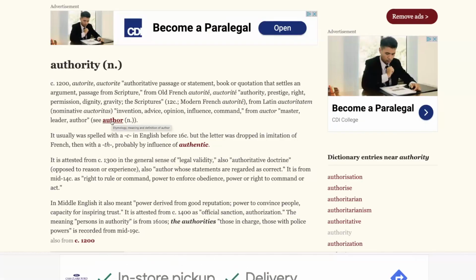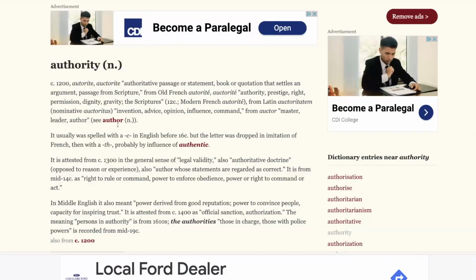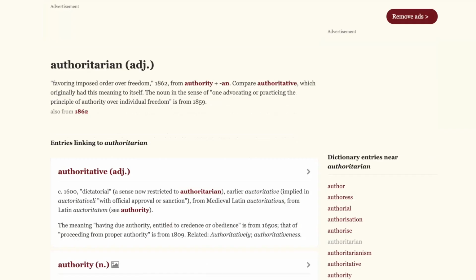Now this has an AR. You'll see here, this has an OR. So I'm not sure where along the way they would have made that vowel shift from an O. Well, it really wouldn't be a vowel shift.